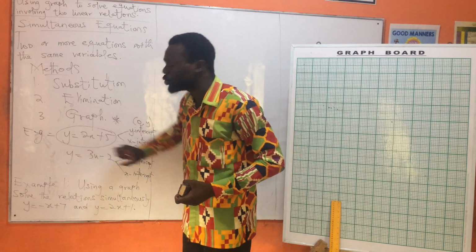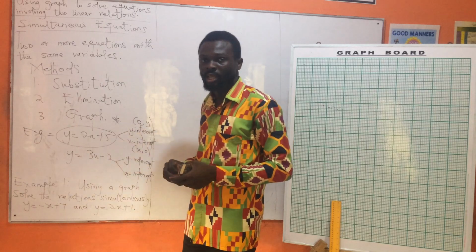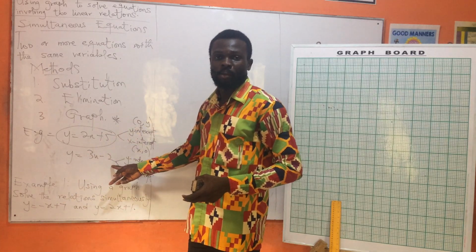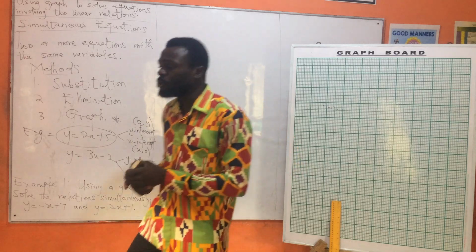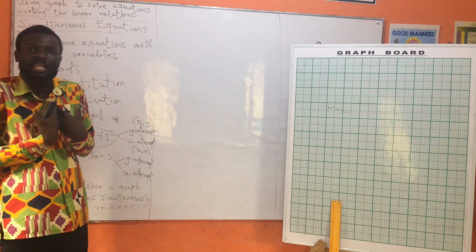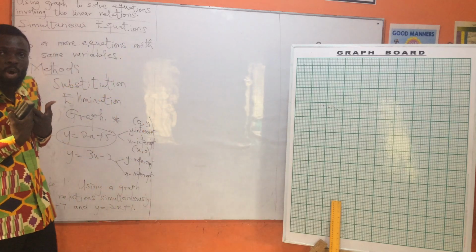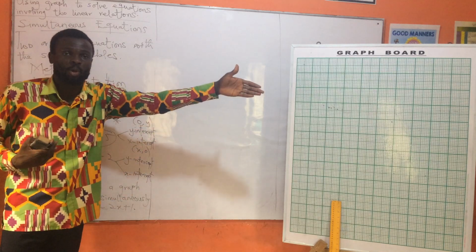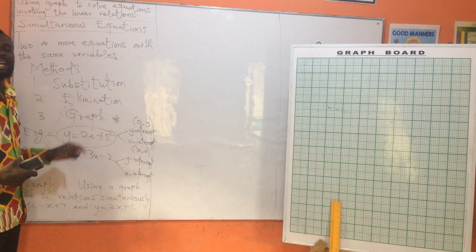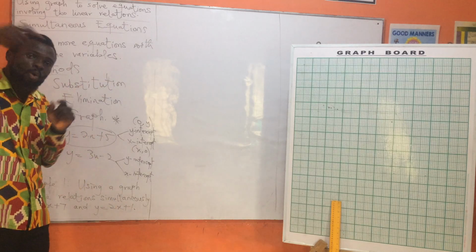Once I get these points, I will plot them using my own scale, because I have not been given a scale, and draw a line for each. You will notice that after drawing the lines, they will meet at a point.